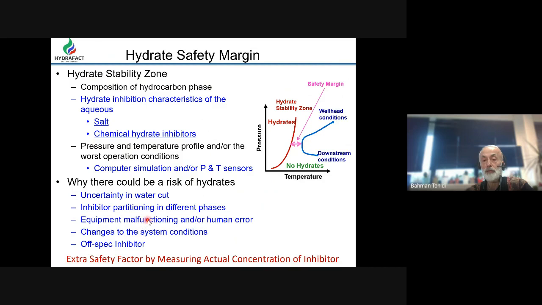Equipment malfunction. Maybe a pump doesn't work. We need to know. Or we have human error. Yeah, human error. Somebody forgets. Somebody opens the wrong valve, wrong pump. We had a case, a pipeline blocked for 6 months because of that.